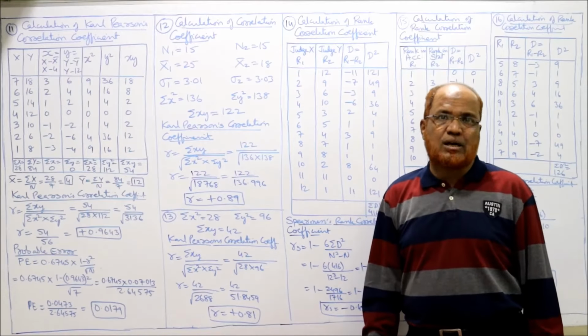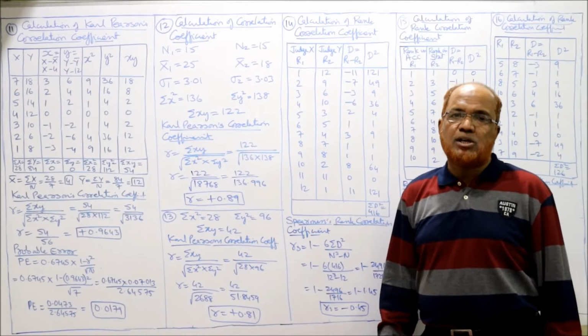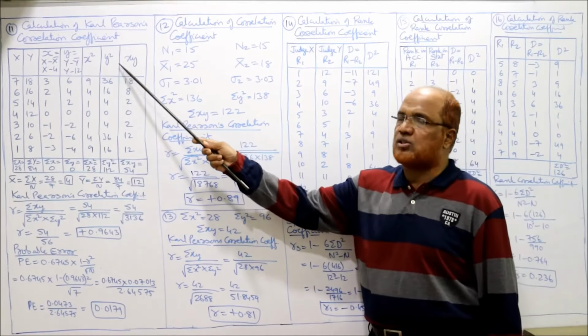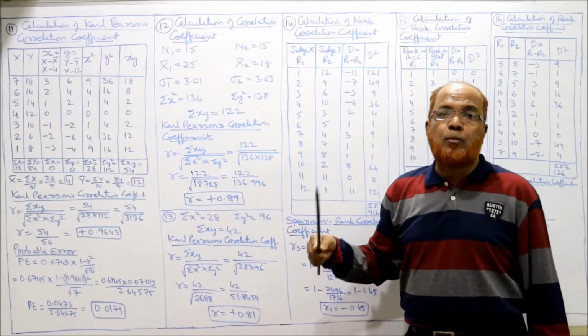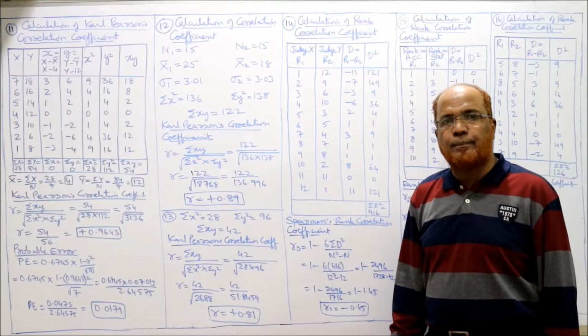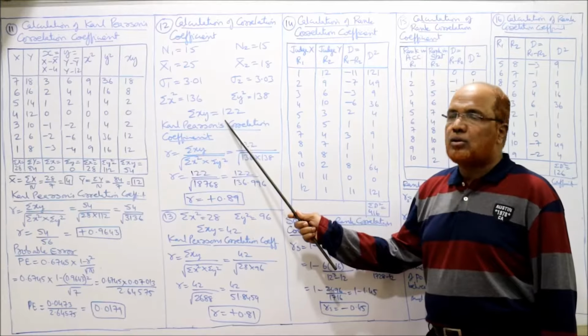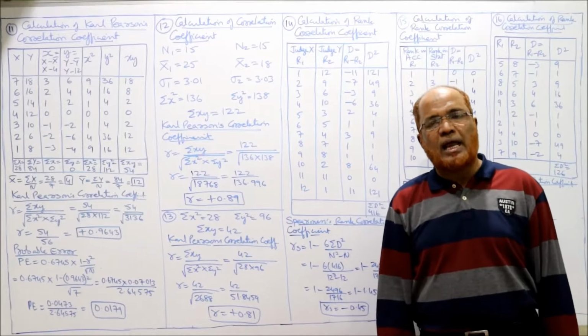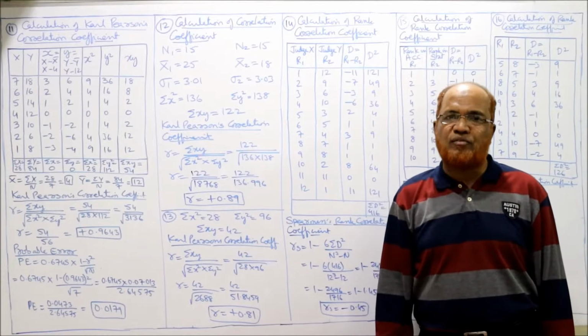See the logic. What is the logic given? Square of the deviations taken from the mean is x square and y square. Summation of the product of the deviations is nothing but x into y, so xy. So we are given all these values. Ultimately it is asking you to calculate Karl Pearson's correlation coefficient.